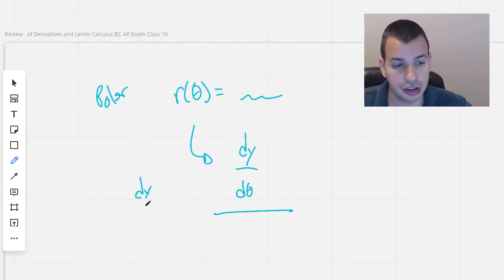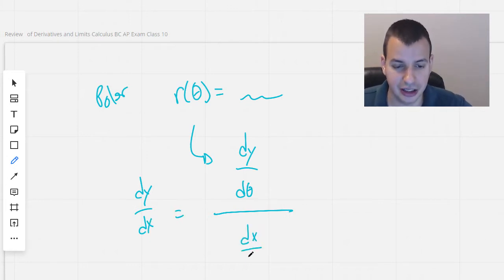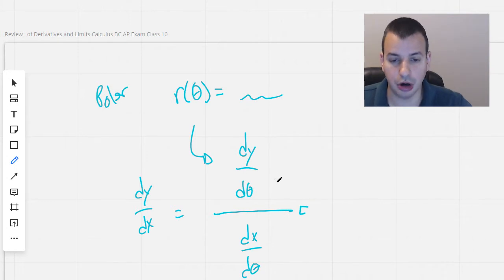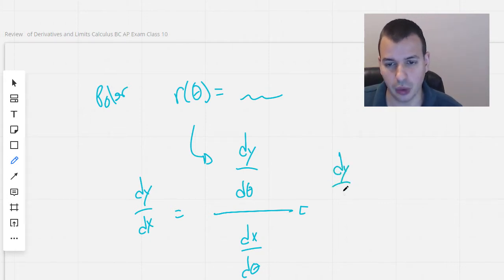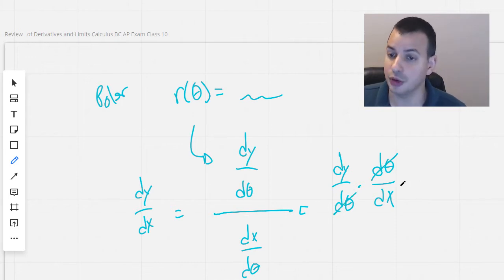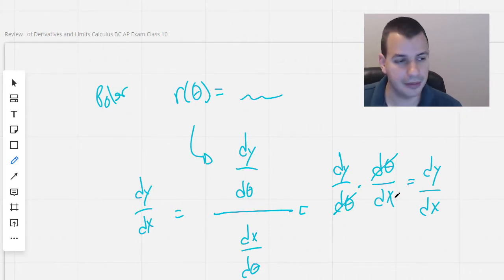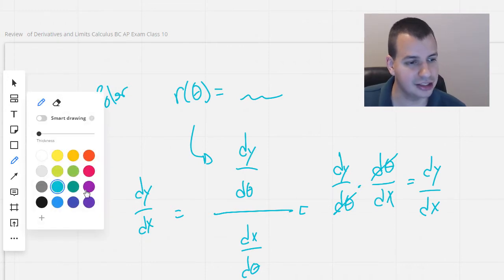So slope is always dy dx, and dy dx is dy d theta over dx d theta, because when you are dividing fractions, you're multiplying by the reciprocal of the denominator. So you get dy d theta times d theta dx. The reciprocal means you basically just flip it upside down, and you get left with dy dx. Now this isn't formal. This is more mnemonic than being formal, but I still like it, and it still works great.